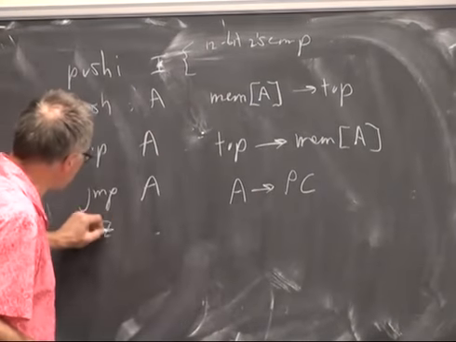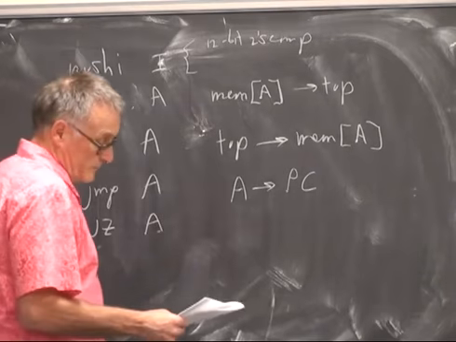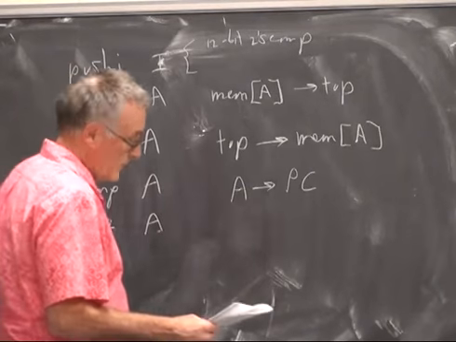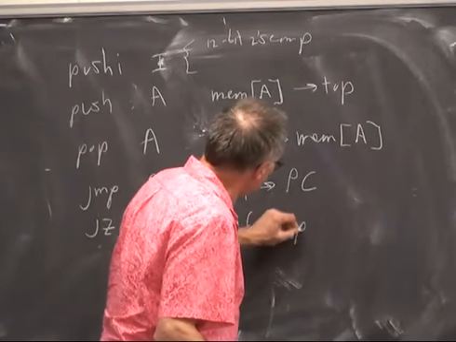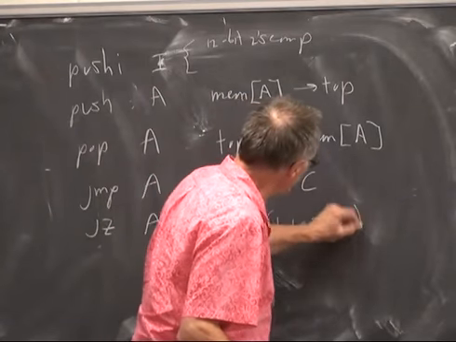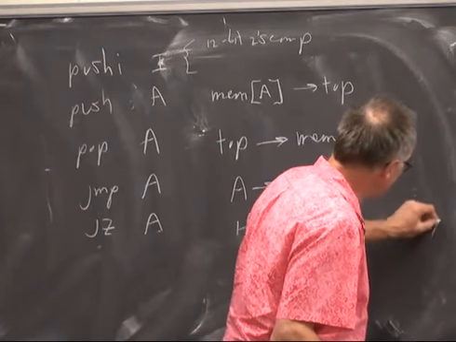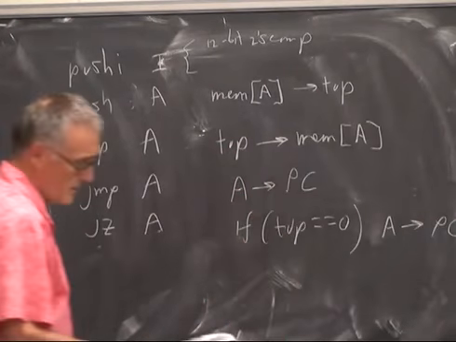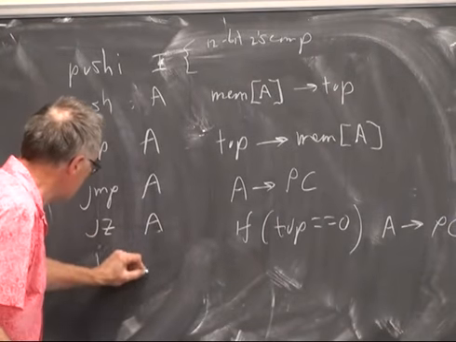And JZ A says if top is equal to 0, then A goes to the PC. And there's a jump not 0 also, which does what you'd expect.